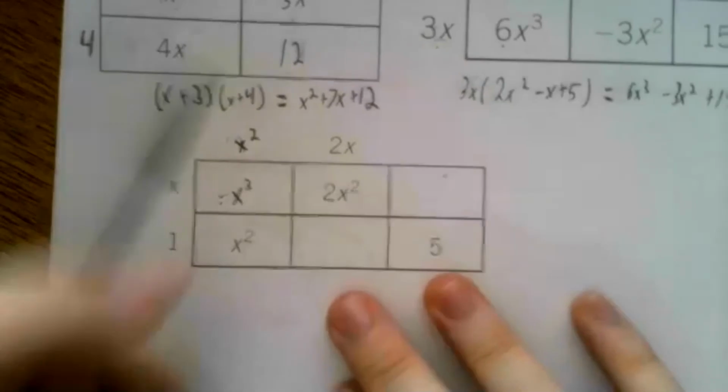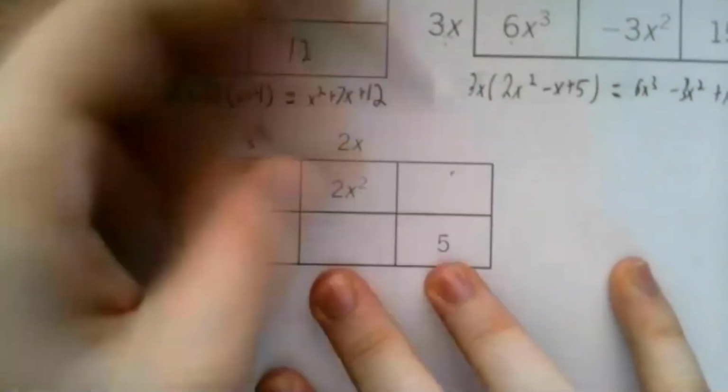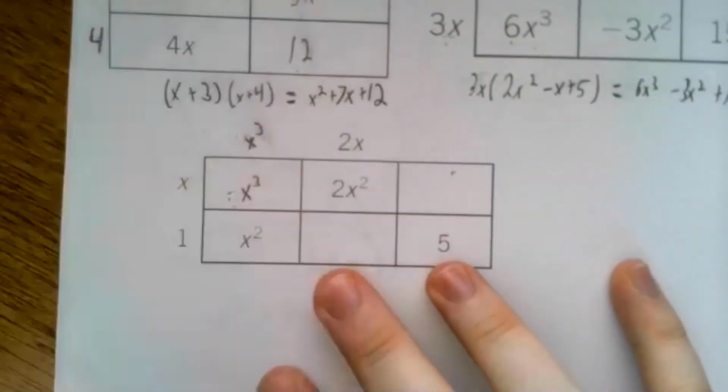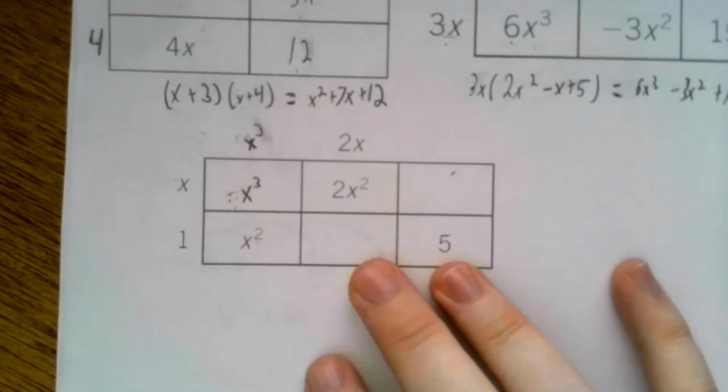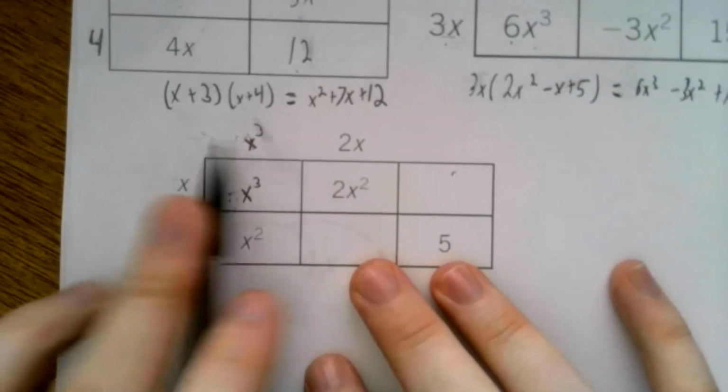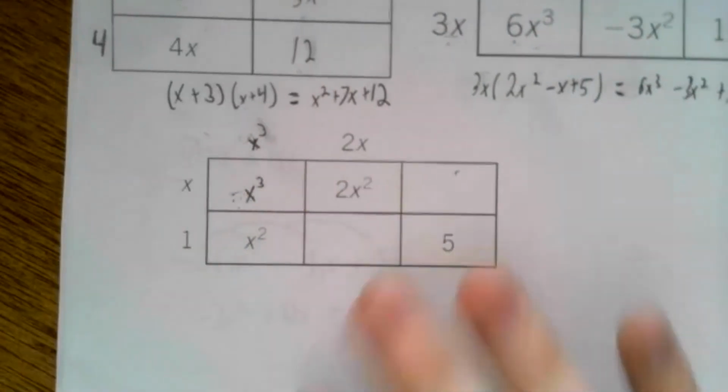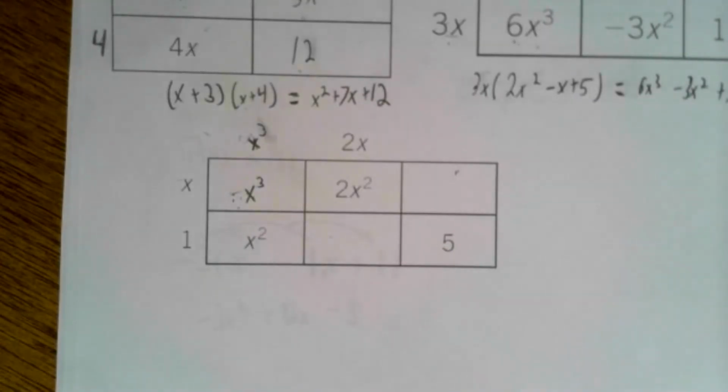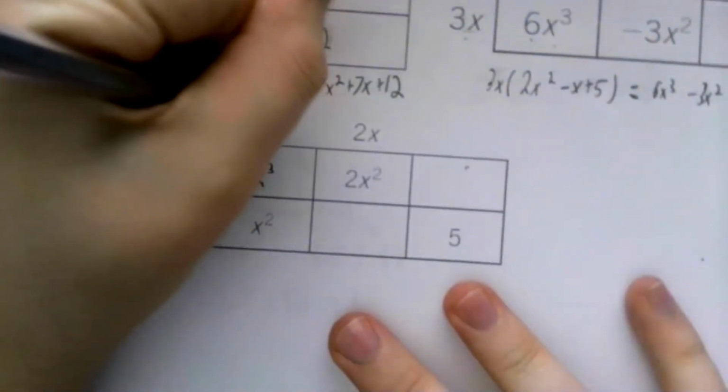Sure, but what's stopping this one from being x to the third power? Why can't I have x to the third power up here and then go to 2x, if it's still greater than this power over here? I don't know. Okay, that's fine. Yeah, so I agree with you that it's x squared.